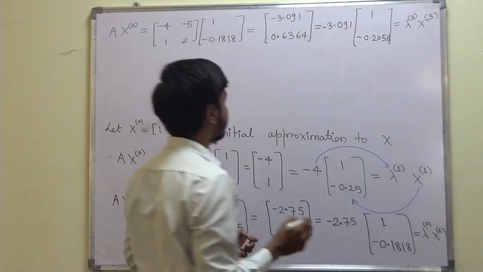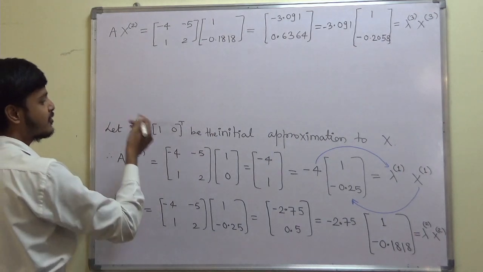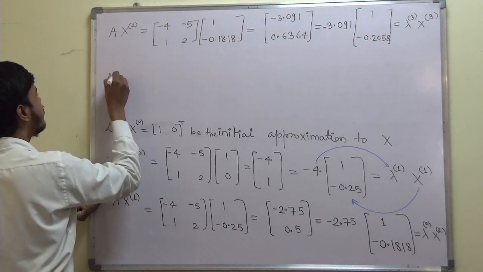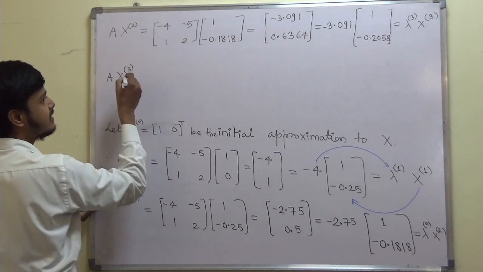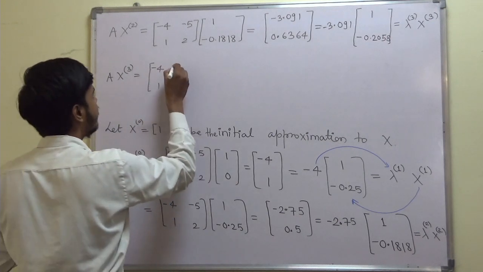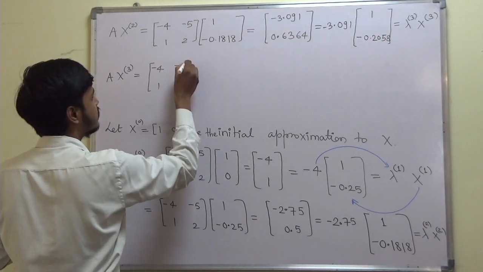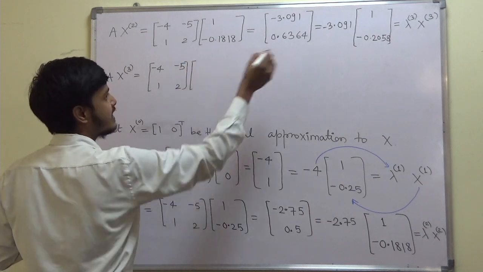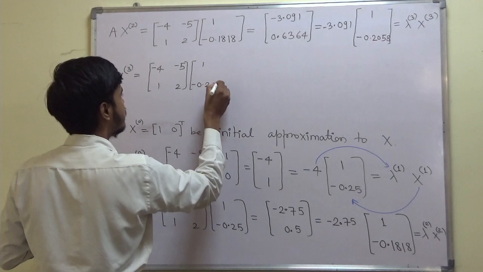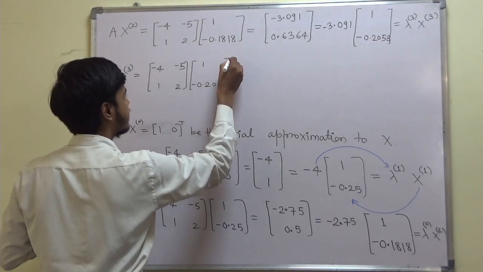Lambda 3 x3. Okay, now go on finding the values, because difference between this and this is not negligible. So go on finding the values AX3. So what is AX3? AX3 is minus 4, 1, minus 5, 2, operating on, what is x3? This 1 minus 0.2058.